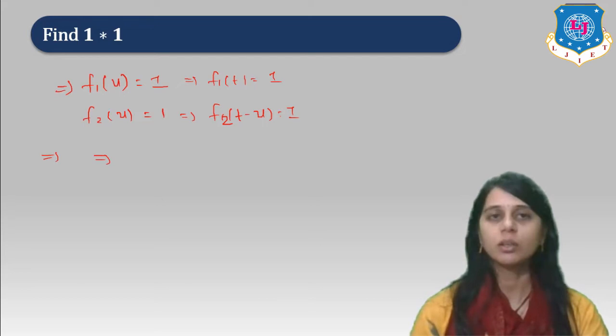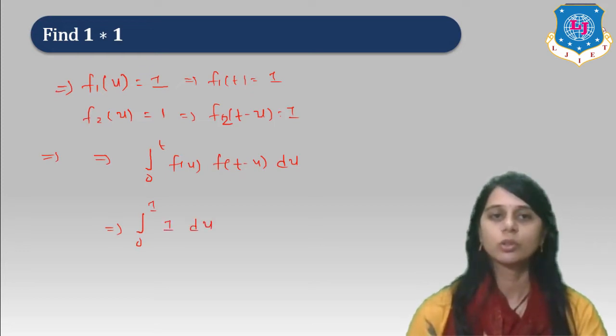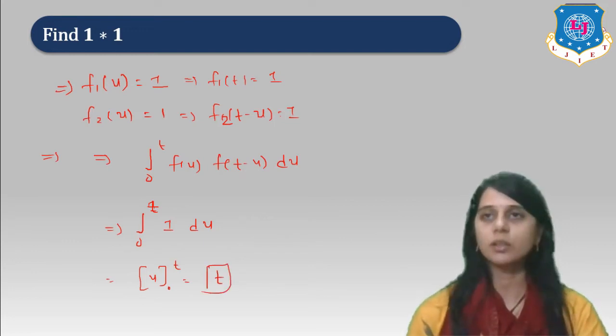As per the formula, the integration from 0 to t of f(u) f(t minus u) du. So it is the integration from 0 to t of 1 du, which is u from 0 to t. So the answer is t, for 1 star 1.